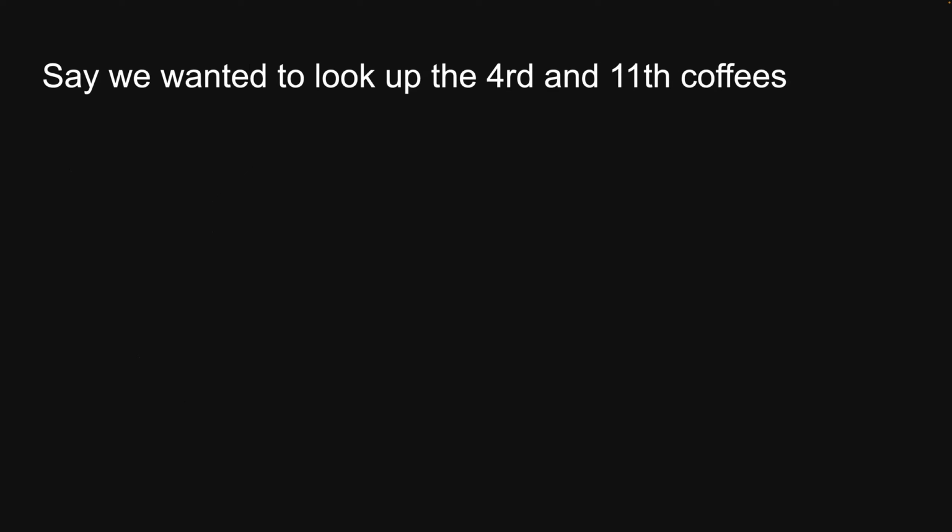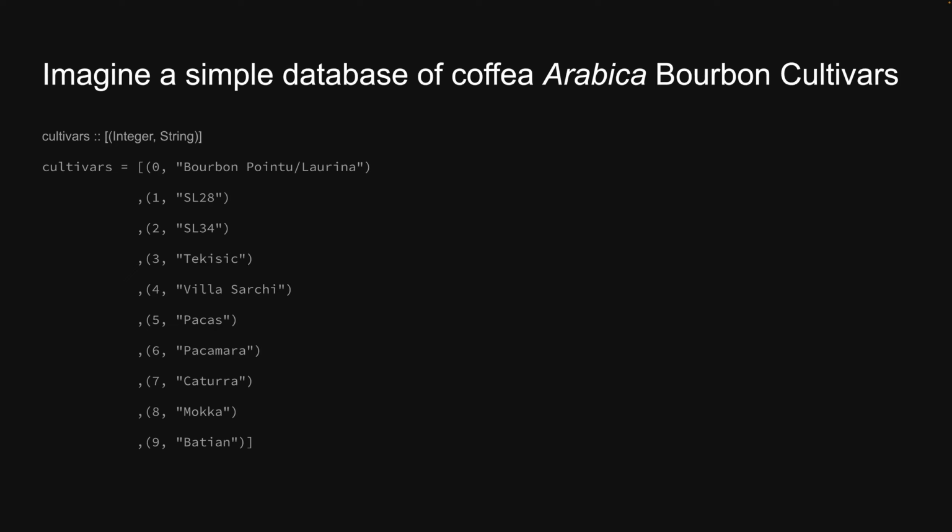And so say we wanted to look up the 4th and 11th coffees. You might want to use something that does a lookup and gives you a value out that is the item at 4 or 3, because that would be the 4th item, right? Or 11, which doesn't exist on the list.